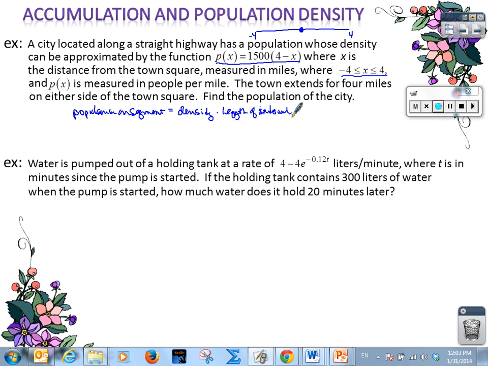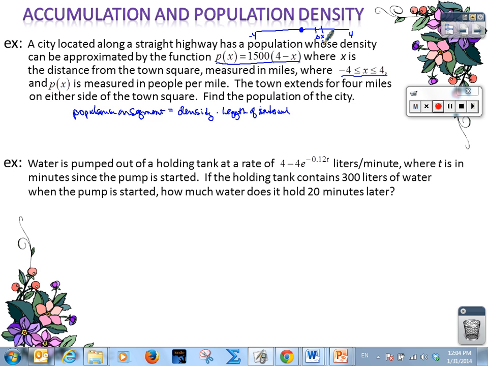Now, I'm going to go really abstract with this, because length of an interval isn't what we normally would think. If we are looking at this, we would call that delta x, change in x. That's what they're talking about with length. The length of the segment is simply delta x, the change in x.